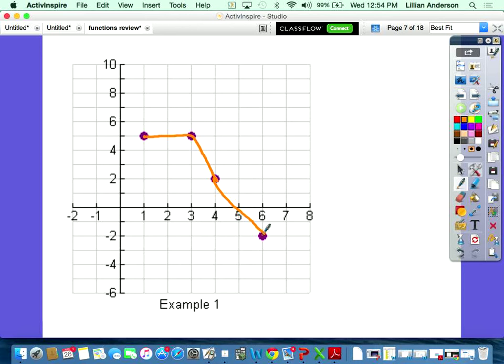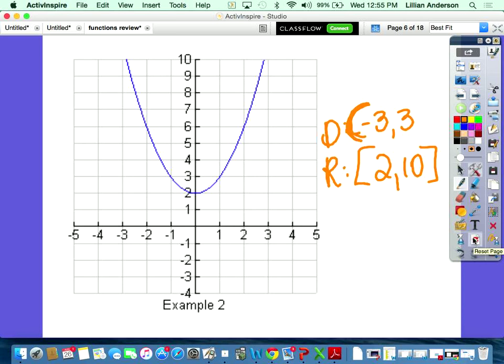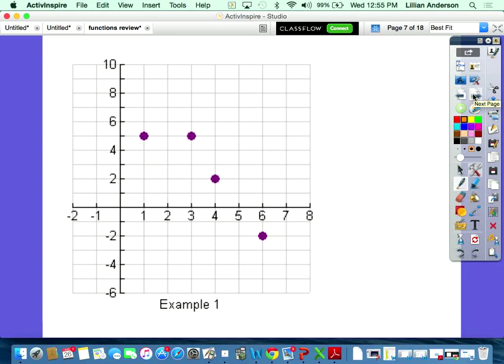They're just points: (1, 5), (3, 5), (4, 2), and (6, -2). Your domain is what? 1, 3, 4, and 6.